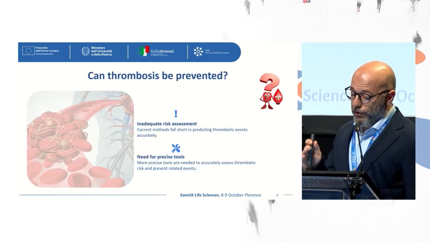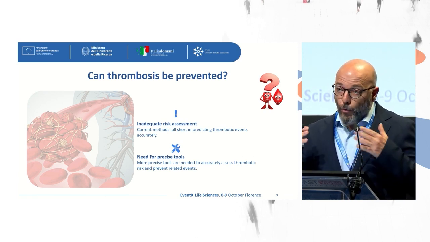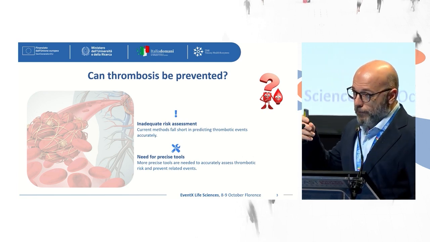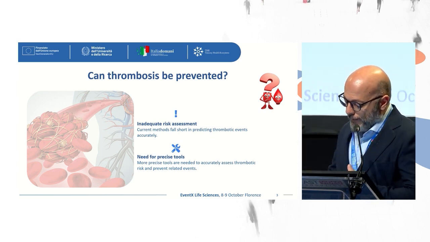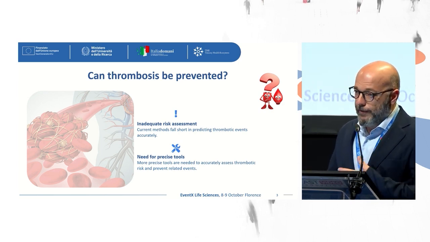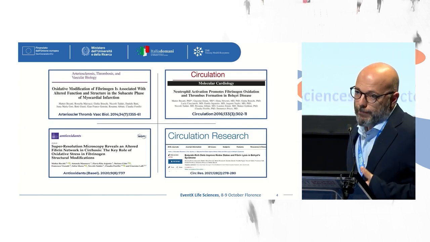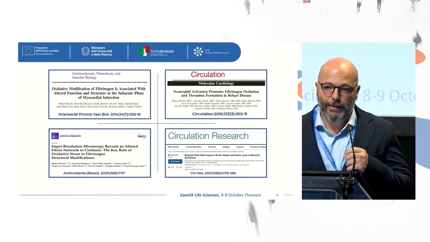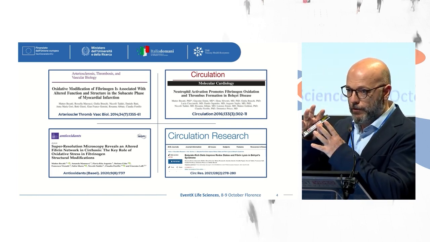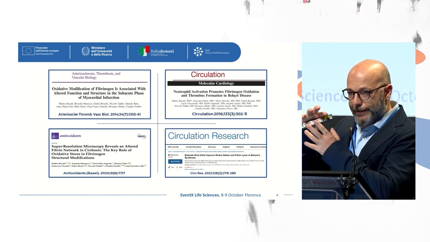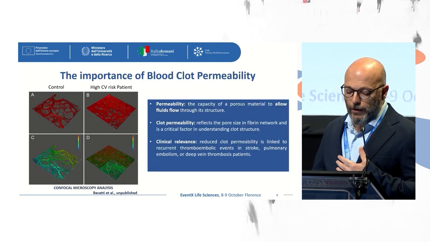Current methods fall short in predicting thrombotic events, and we need a more precise tool that accurately assesses thrombotic risk and prevents related events. Our previous data demonstrate the key role of fibrin structure, the three-dimensional structure of the clot, in promoting thrombosis.